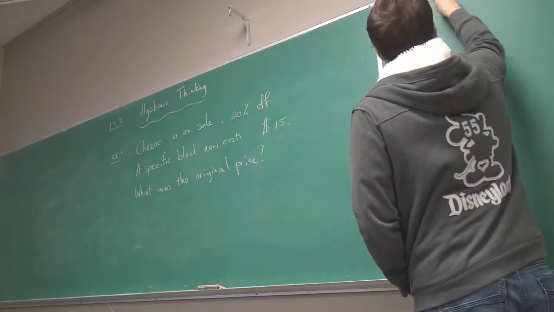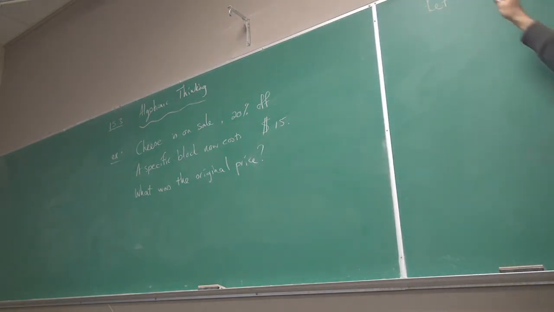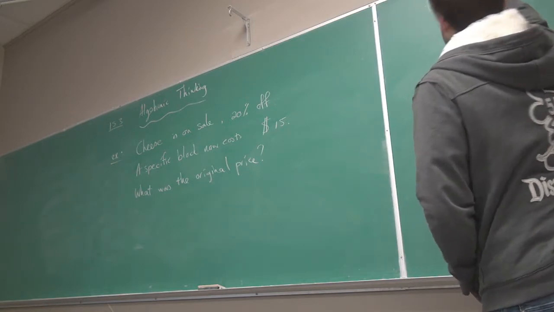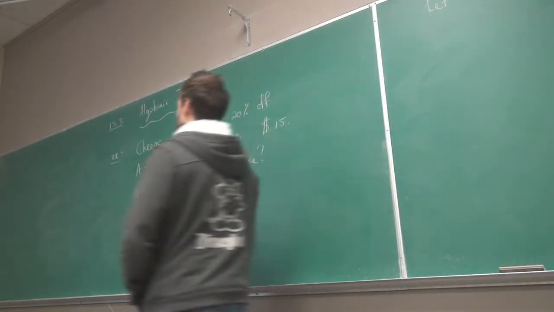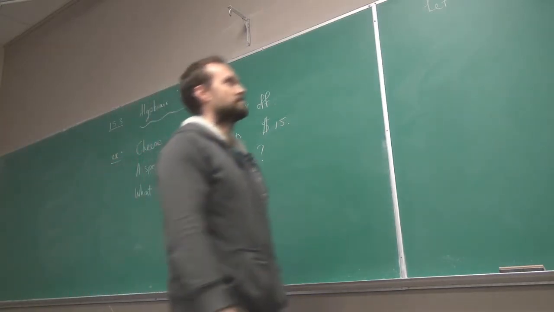I'm going to represent the answer, just like I did for the decimal fraction conversion. I'm going to represent my answer with a question mark in a box. That's just a symbol. You can use any other symbol. You can use whatever you want to think of. You can make a little drawing, whatever you want.